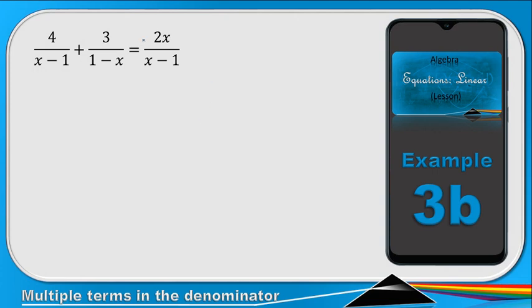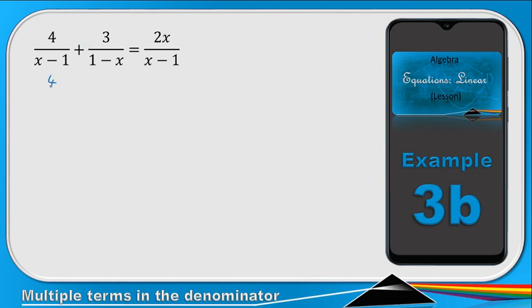Alright, now in this case, if we look at our denominators, we have x minus 1, 1 minus x, and x minus 1. Now we can say our lowest common denominator is x minus 1 and 1 minus x, but that would not be the easiest way by far. First of all, we can actually swap these two around. But just be careful, if you swap two terms around and there's a negative between them, you have to change the sign over here.